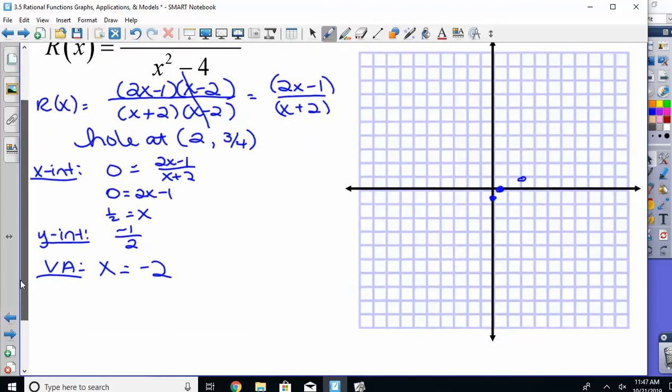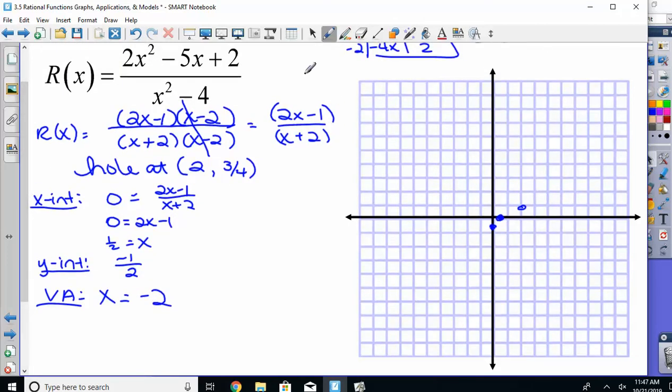Now we have to decide horizontal or oblique, so that's based on degree. Degree of the top. You can do this either from our reduced or the original. If you just look at the original, the degree of the top is, and the bottom. So if they have the same degree, what do you do? You divide the leading coefficients.